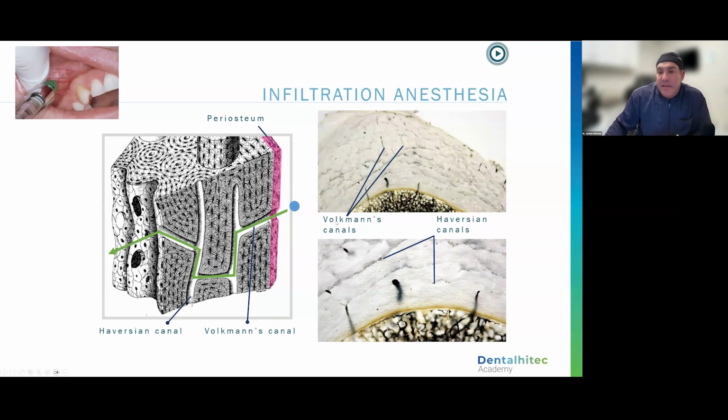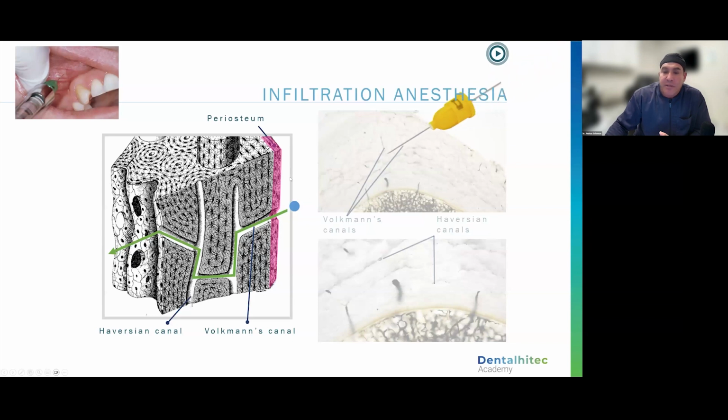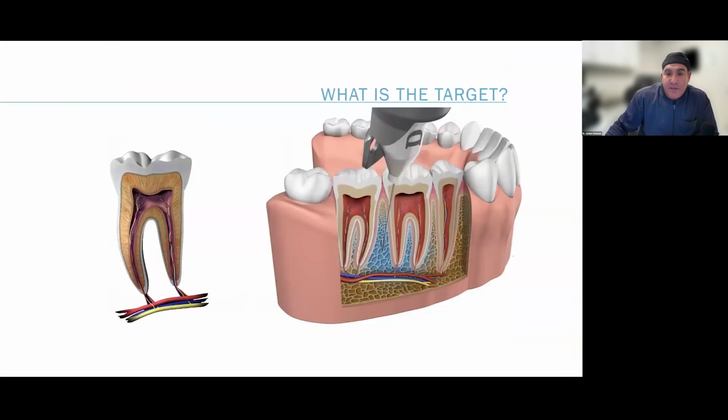So when we gave a standard infiltration, we were injecting through the soft tissue superior to the cortical plate. That local anesthetic needed time to move through the Volkmann and Haversian canals and then get through the cortical plate and cortical bone down to the apex of the tooth.